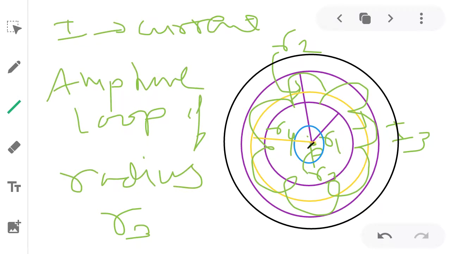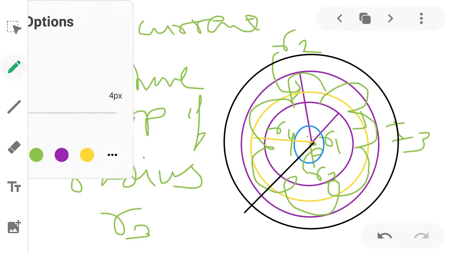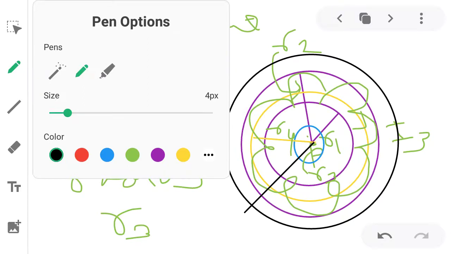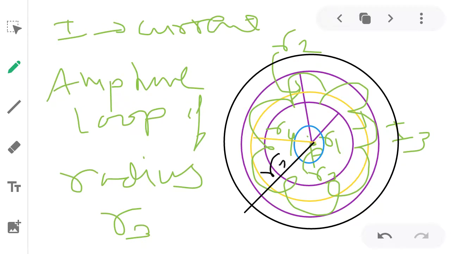Let's say the radius of the black loop is R4.